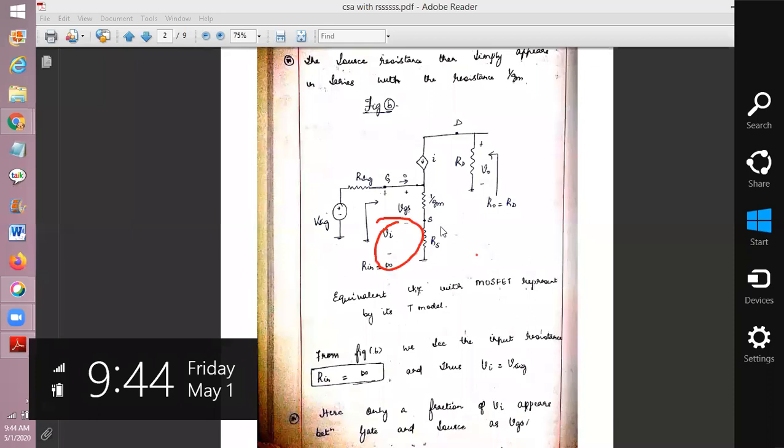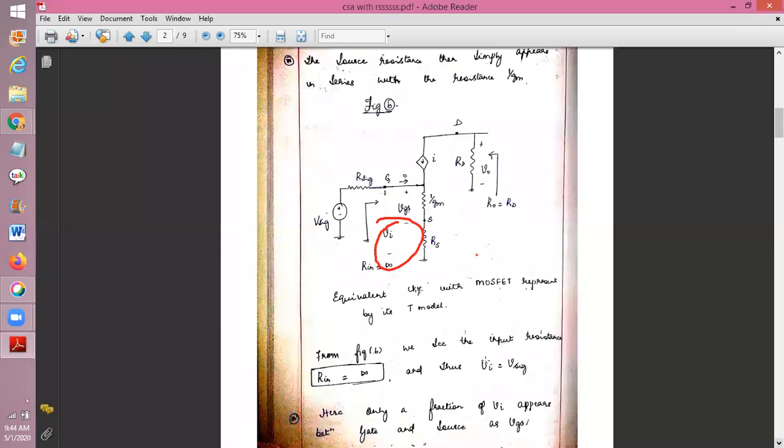Mark this. Vi is the input voltage from gate to ground, and VGS is the voltage between gate to source, that is across 1 by Gm.